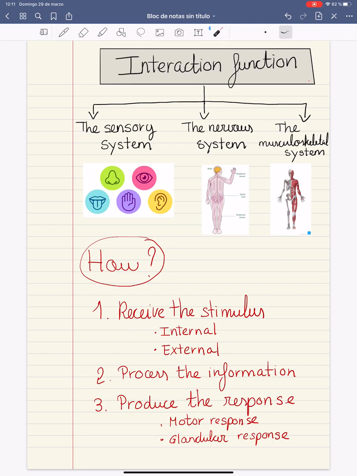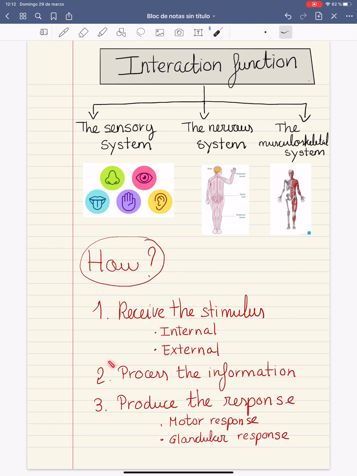Are you receiving that stimulus from the outside of your body or from the inside? Yes, from the inside of your body. So it's an internal stimulus. However, if you hear a noise, are you receiving that information from the outside or from the inside? Exactly, from the outside. So it is an external stimulus.